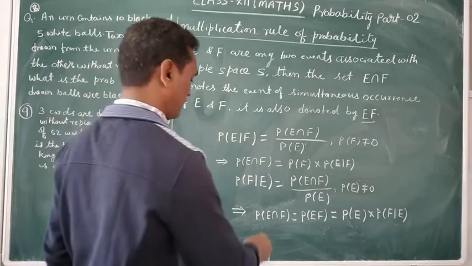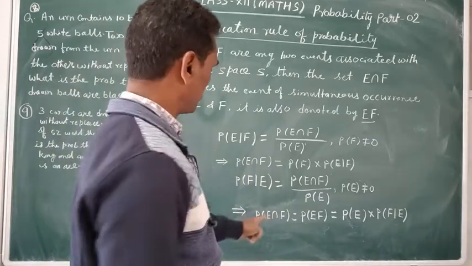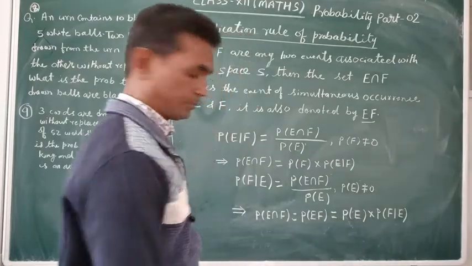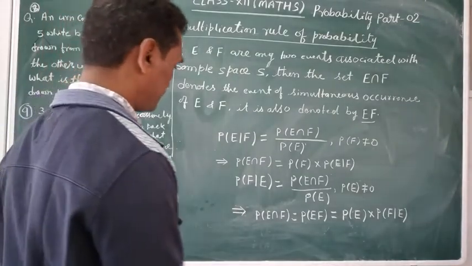This is the formula for multiplication of two probabilities, called the multiplication rule for two events.